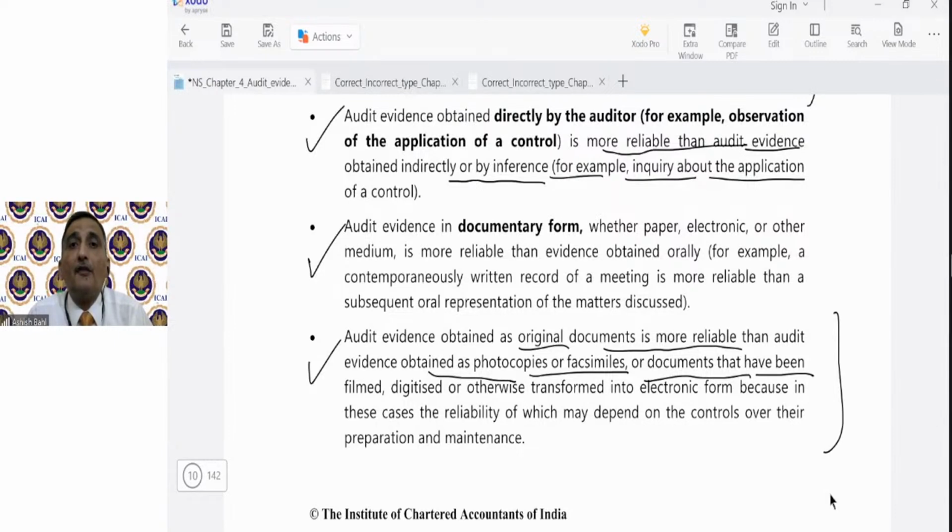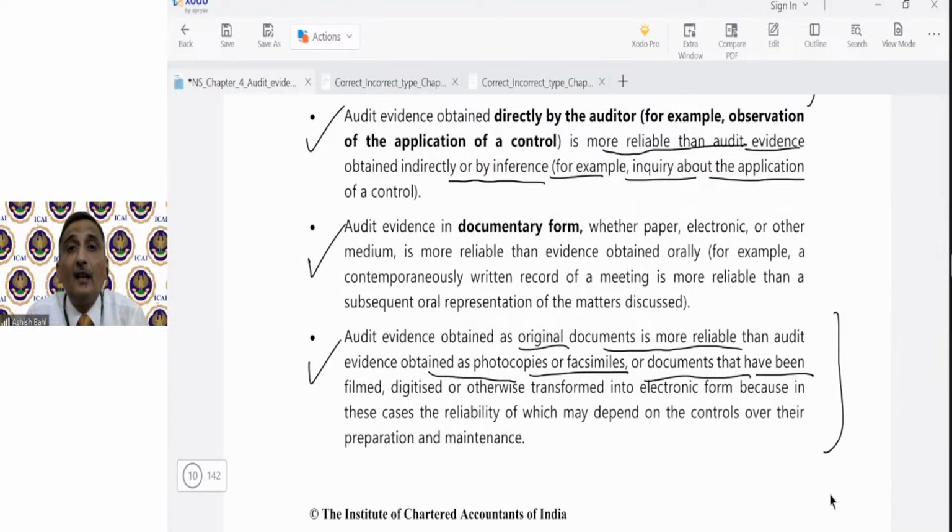If you have gone for some interview, obviously the employers may be asking for original papers. They may be asking for your original mark sheets, original class 10 certificate, original class 12 certificate.